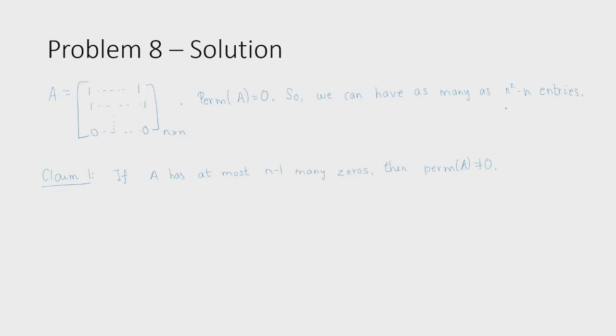We want to prove that if A has more than n square minus n non-zero entries, then the permanent is non-zero. That is the same as arguing that if A has at most n minus 1 zero entries, then the permanent is non-zero. If we prove this claim, then we would have shown that the answer to this problem is n square minus n. So let's prove this.